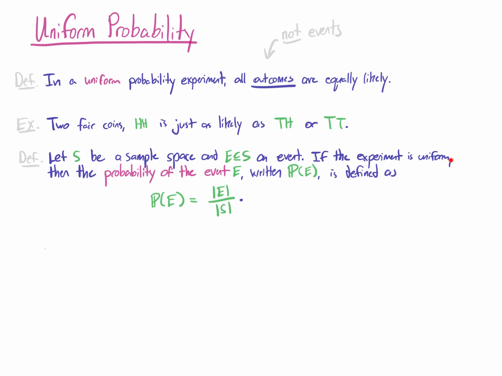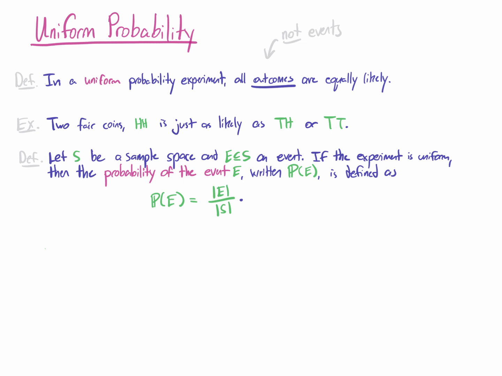If I'm doing a uniform probability experiment, then, by definition, the probability of the event E, which is written with a fancy P and then an E inside, is defined to be the cardinality of the event E. Remember, I'm using the word event, but an event is really just a set. And so I'm talking about the cardinality of a set here, divided by the cardinality of the sample space.